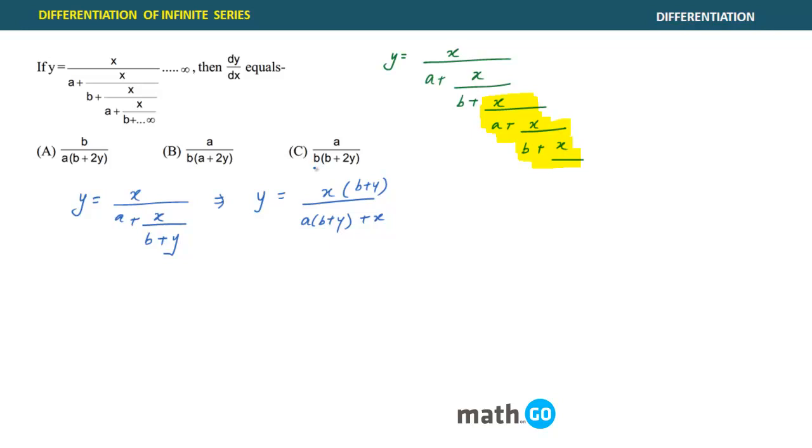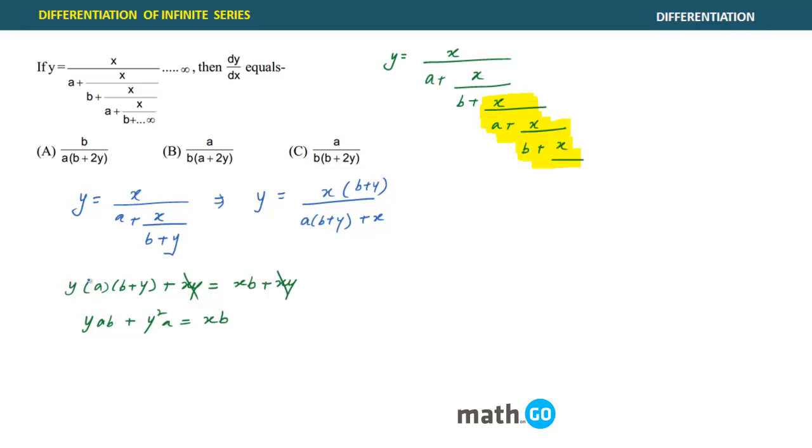That is the only challenge that is left. So this becomes y into a into b plus y, plus xy is equal to xb plus xy, right? And if you see clearly, this xy and this xy get cancelled out. What you are left with is yab plus y square a is equal to xb.